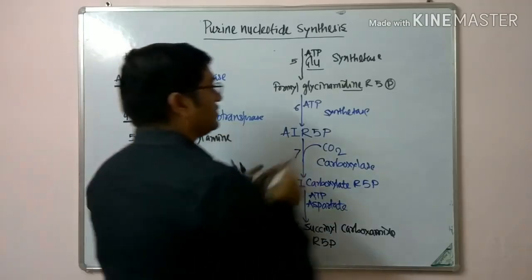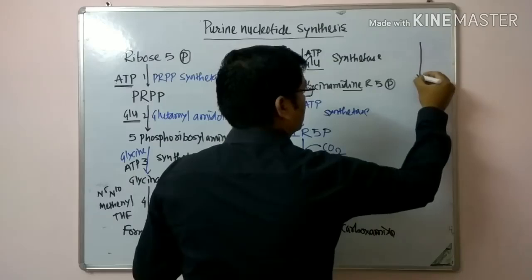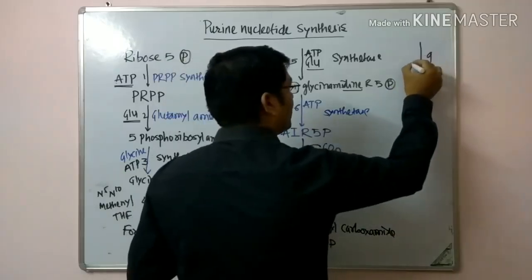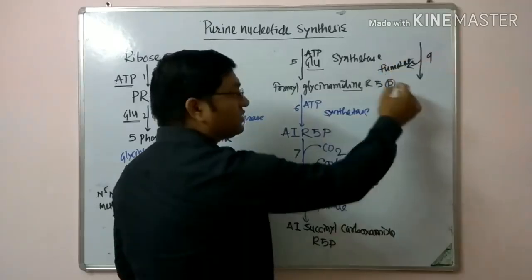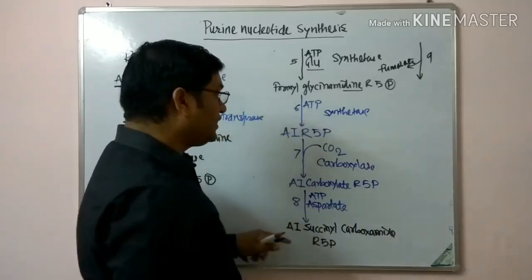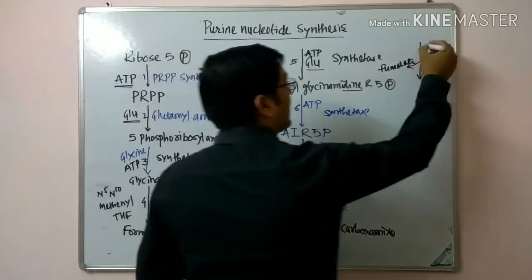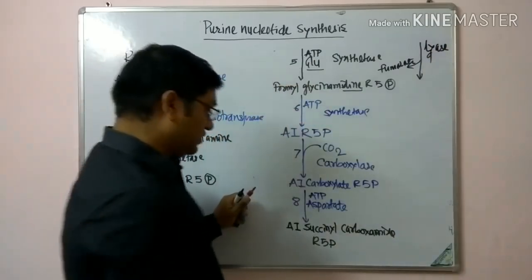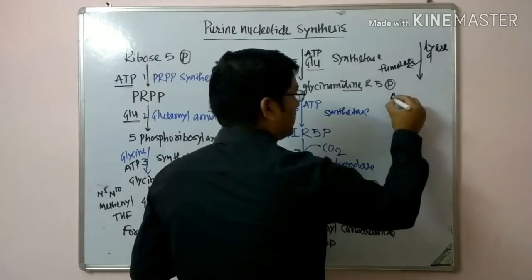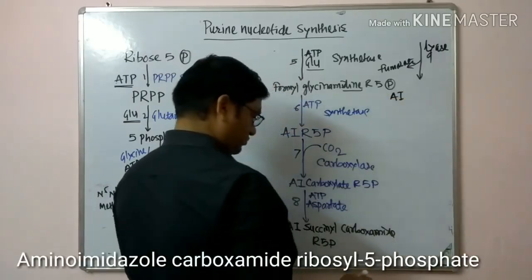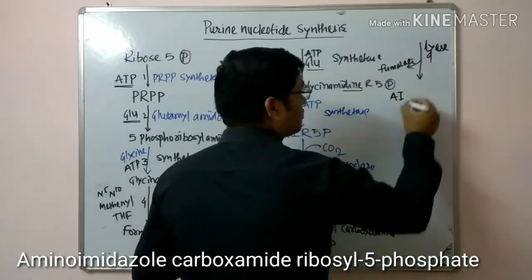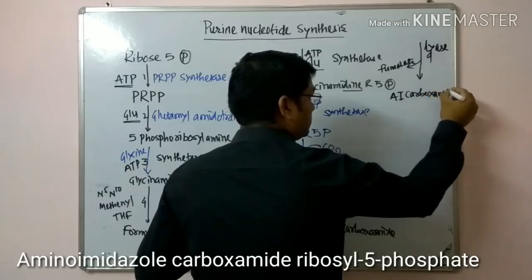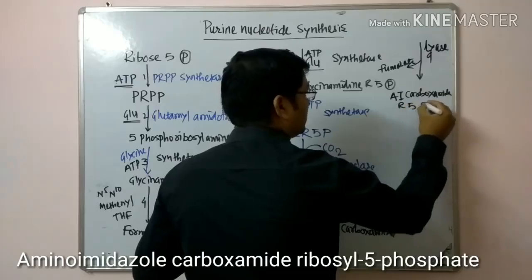In the ninth reaction, nothing is added, so there is liberation of fumarate. This is with the help of the enzyme adenylosuccinate lyase. So there is lyase, adenylosuccinate lyase. There is formation of amino imidazole carboxamide ribosyl 5-phosphate.